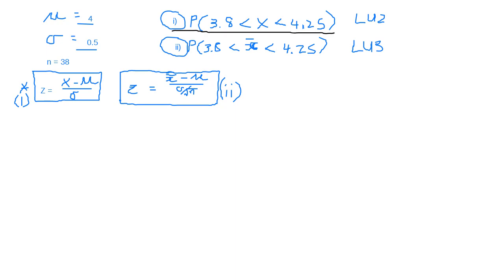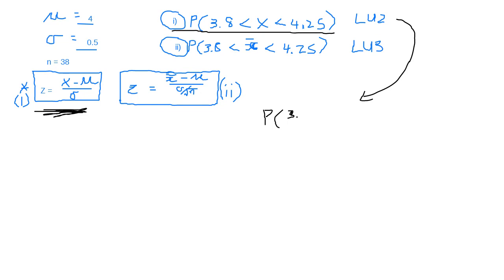We've got the probability of 3.8 less than x less than 4.25. If you recall, we convert that to a z, so we do it to both sides. Remember, for 1, I'm following this equation here.